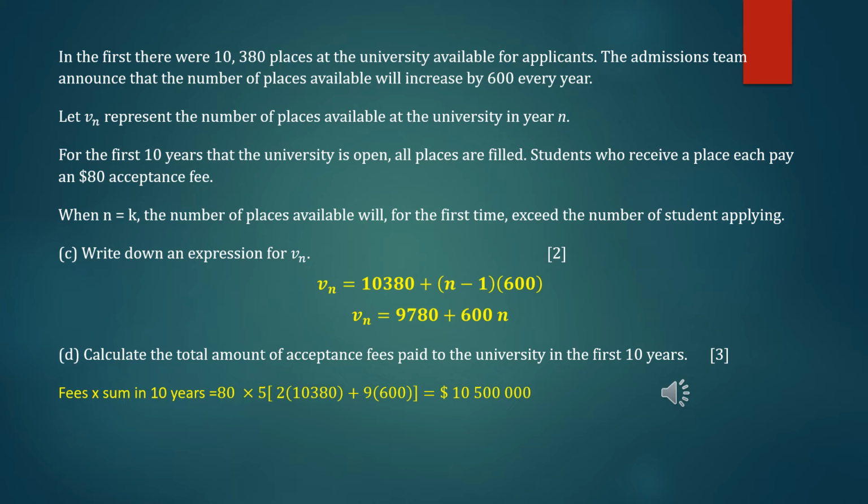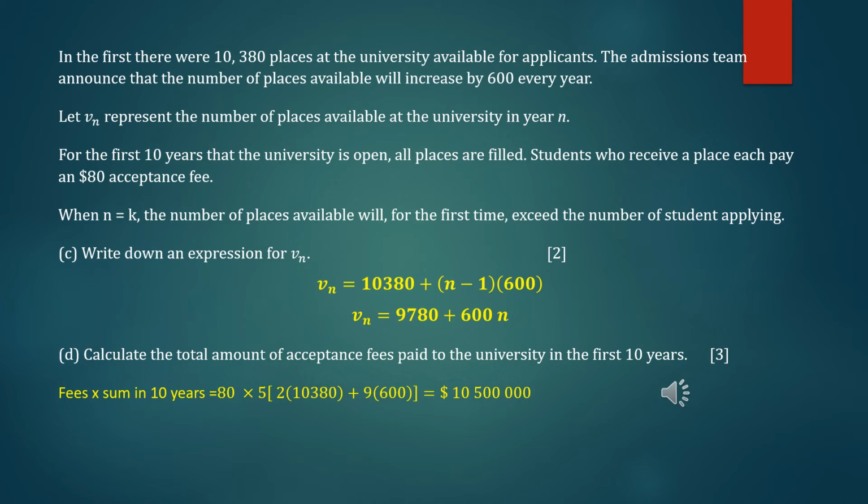Okay, letter D, calculate the total amount of acceptance fees paid to the university in the first 10 years. So in the first 10 years, you are going to get a sum of all the students paying that particular fee, and that fee is $80 per student. So that will be the fee paid times the sum in 10 years.